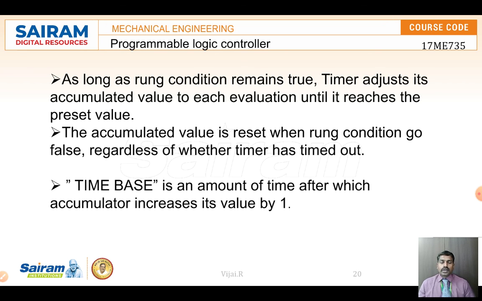As long as the rung conditions remain true, the timer value keeps advancing until it reaches the preset value. Once the preset value is reached, it will say done, and the value is reset.